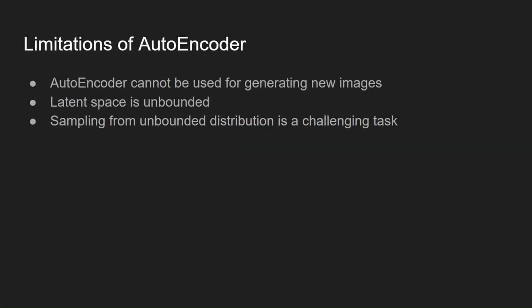One of the big limitations of a standard autoencoder is that it can't be used for generating new images. The reason is that the latent space is unbounded, and because it is unbounded, it is going to be very huge, which makes the sampling process really difficult and challenging.